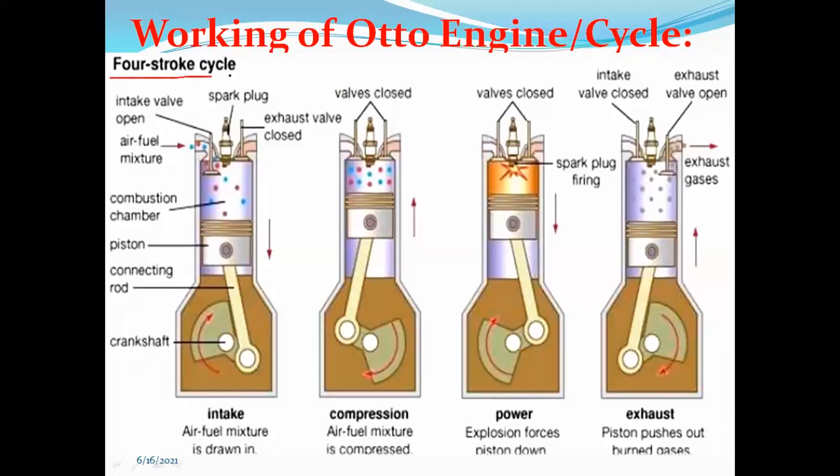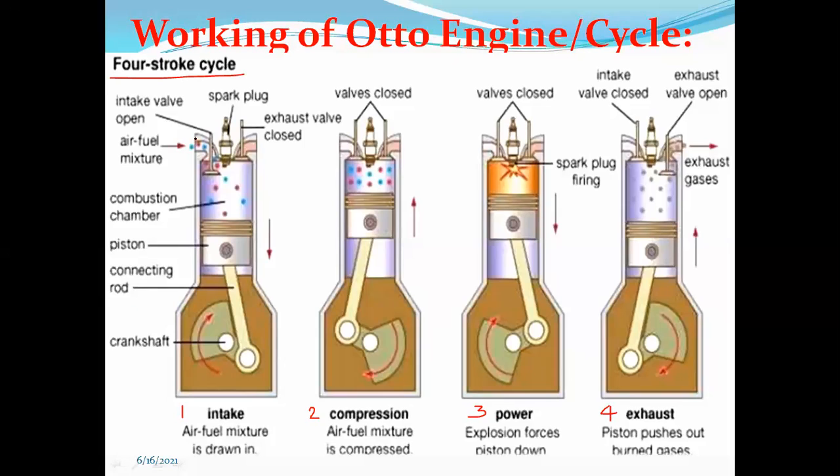The same cylinder and piston mechanism is shown, but working in a proper way. This is the first one, then the second, then the third, and the last one, the fourth. So four cycles of operations are shown in this diagram.